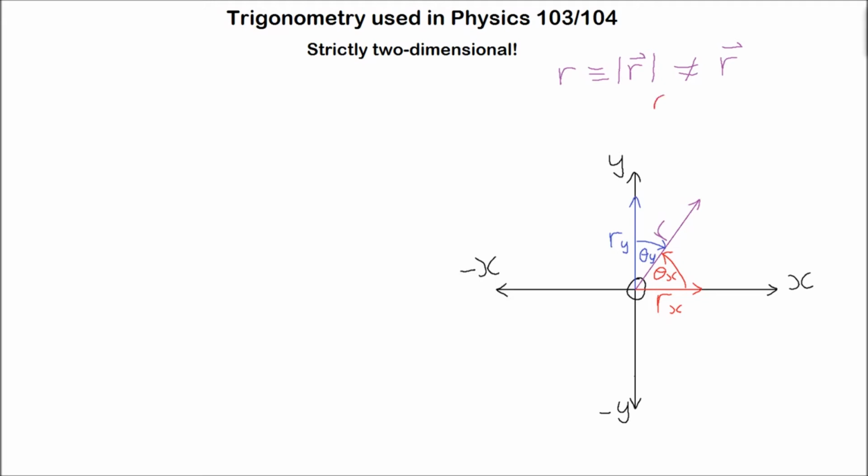So we can write that theta x plus theta y equals 90 degrees. And so that means that theta y must be 90 degrees minus theta x.